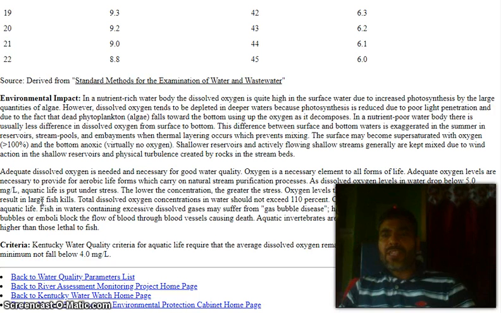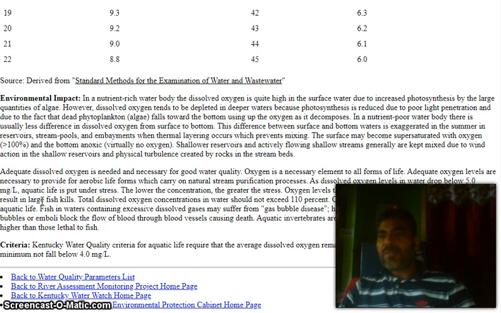In a nutrient-poor water body, there is usually less difference in dissolved oxygen from surface to bottom. This difference between surface and bottom water is exaggerated in the summer in reservoirs, stream pools and embayments when thermal layering occurs, which prevents mixing.